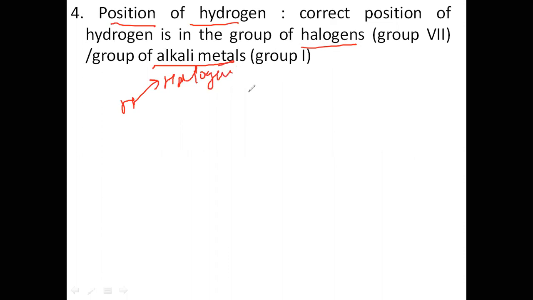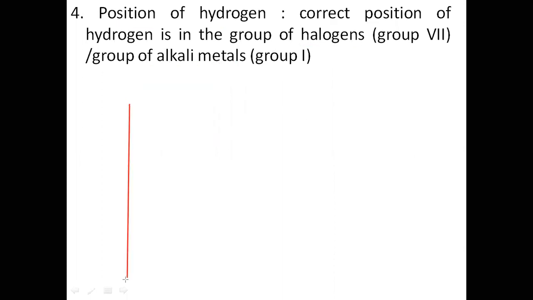So let's consider that in the periodic table you have two groups. One group is for halogens, and another group is for alkali metals.